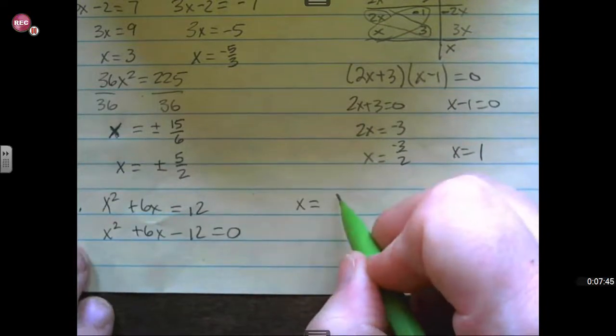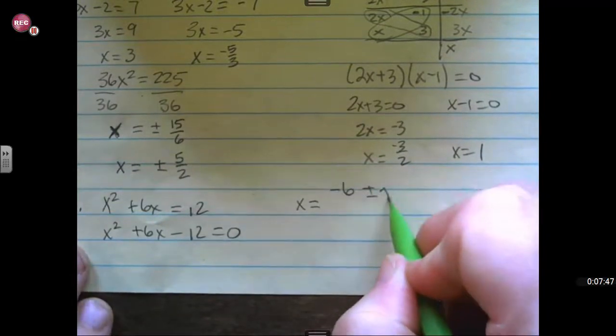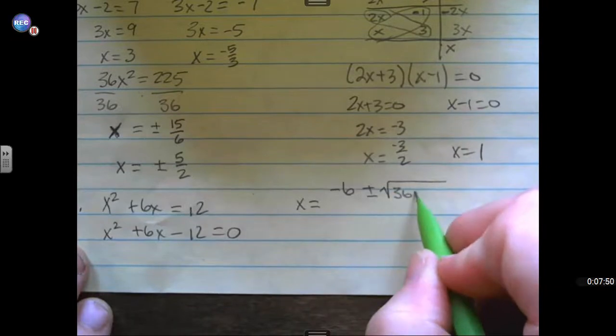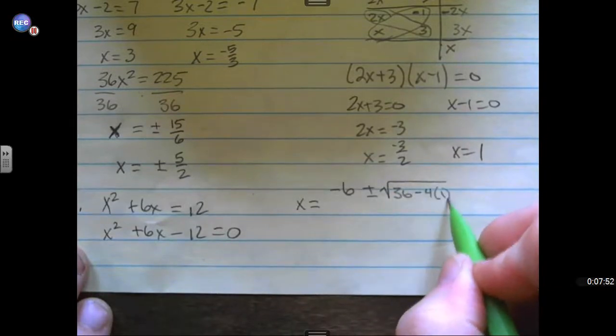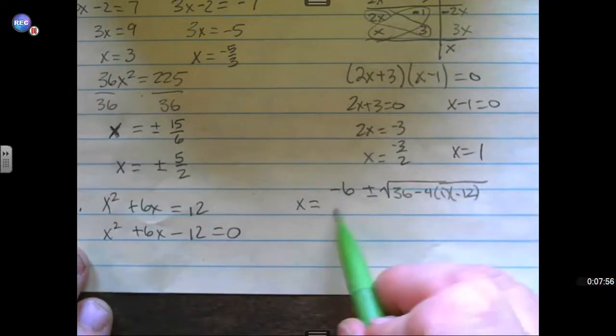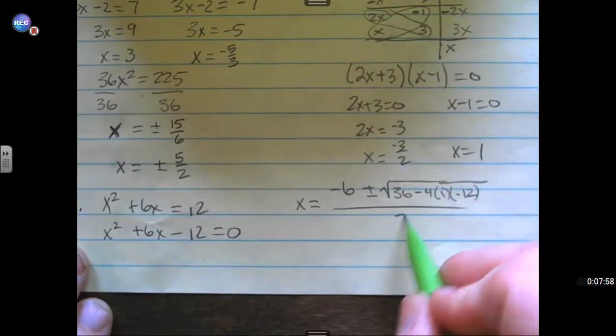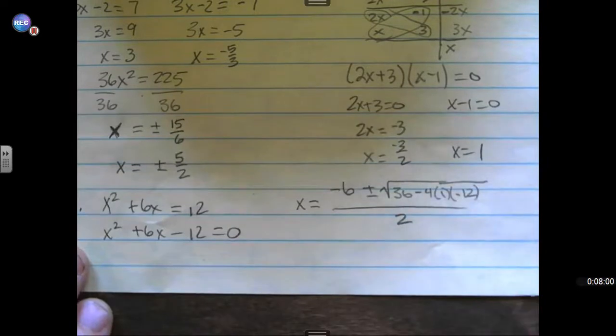The opposite of b plus or minus the square root of b squared minus 4 times a times c all over 2a. And in that radical, I'm going to have 36 plus 48, which is 84.